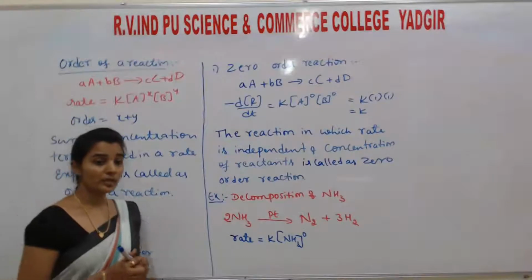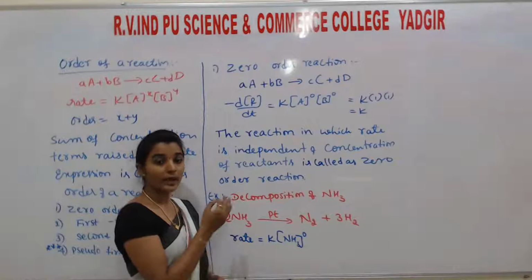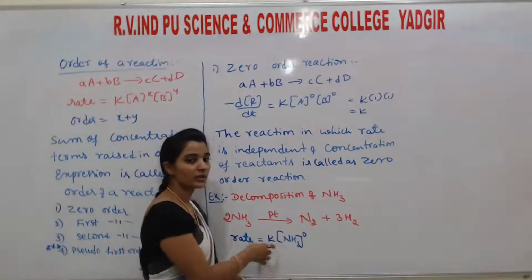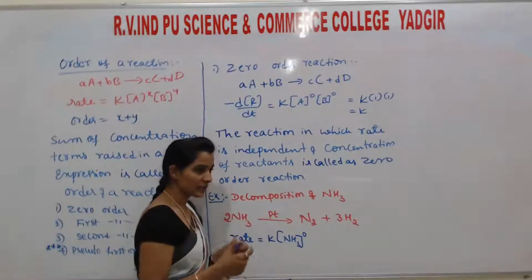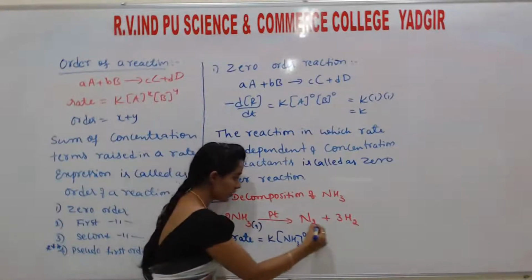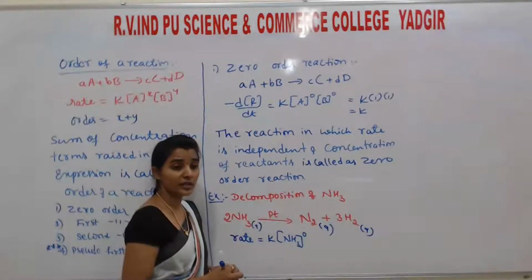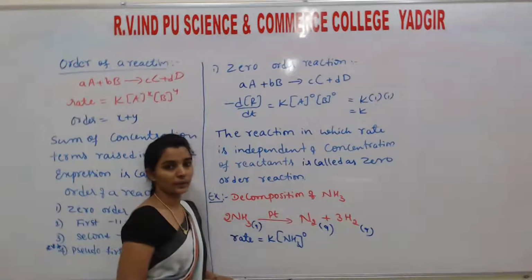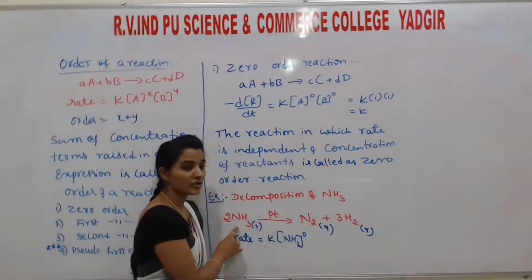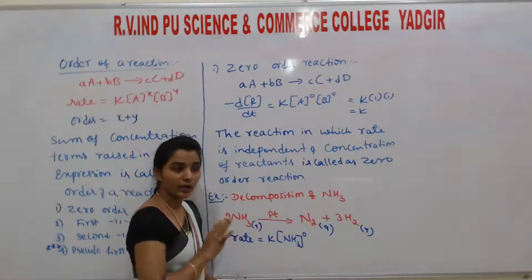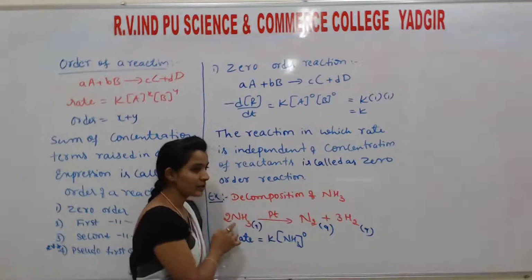Why does it not depend upon the concentration of NH3? You know, the reactant is NH3, then also it does not depend on the concentration of NH3. Why? Because ammonia is a gas, this is also gas, this is also gas. How does this reaction take place? Here we are using platinum. In the absence of platinum, this reaction is not feasible, it does not take place.